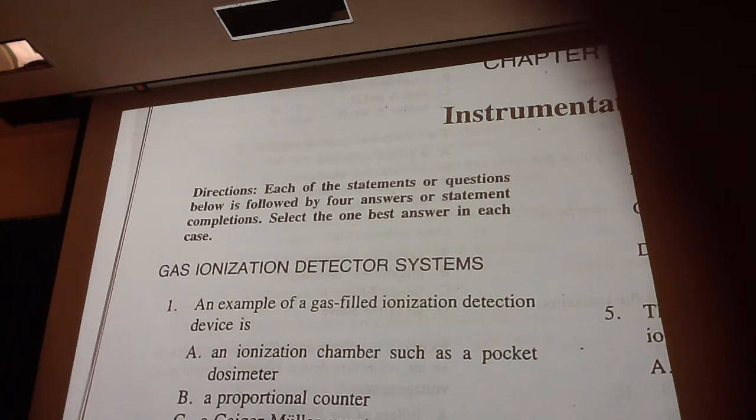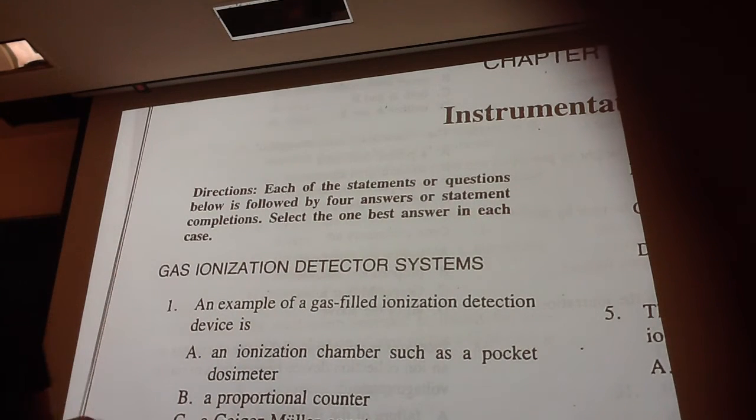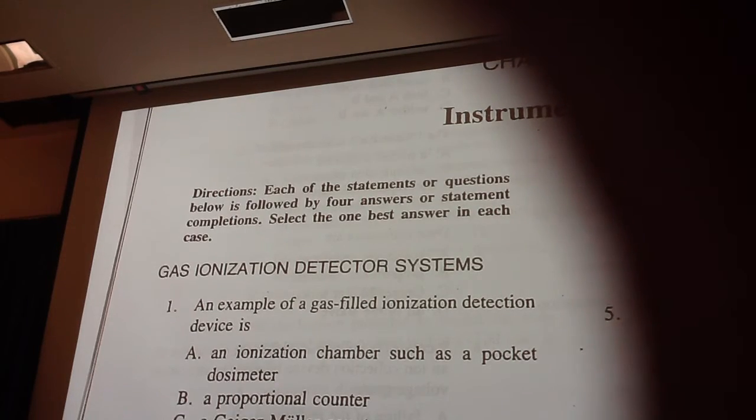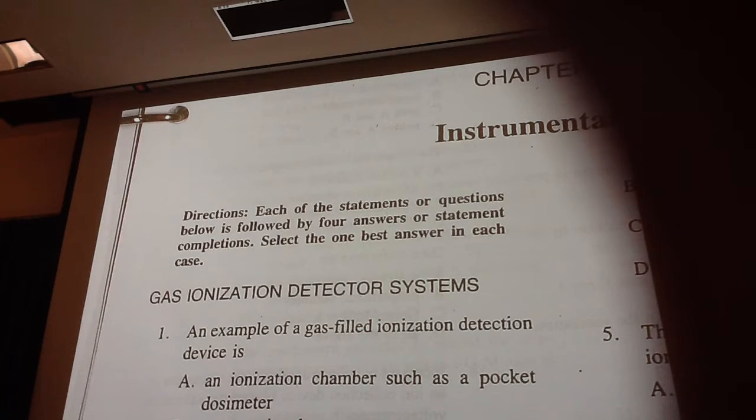Okay, so that means on the PET, the chapters for instrumentation and quality control are the ones that should be, I think, 4 and 5. What is it? Okay, so what I'm going to send you then is an instrumentation quiz, in the PET review book, the PET study guide.